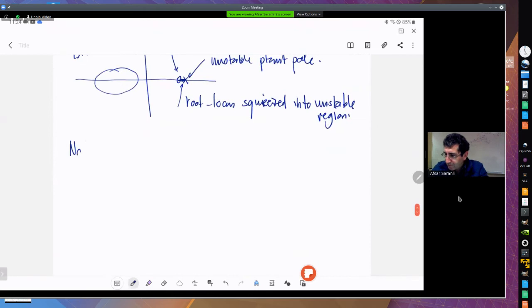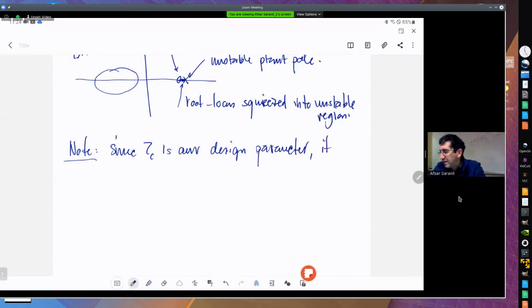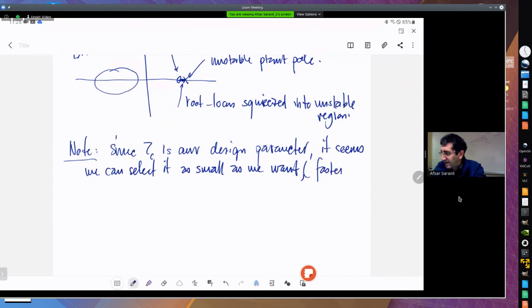Another note: since tau c is our design parameter, it seems we can select it as small as we want, this means a faster closed loop system.